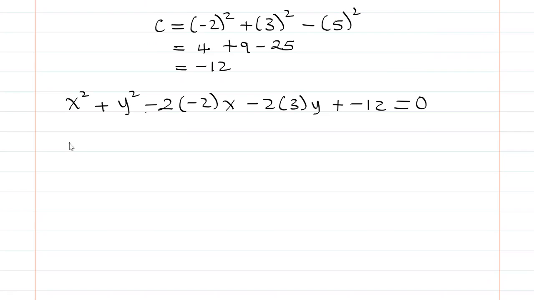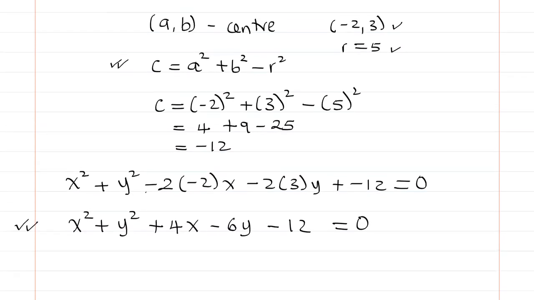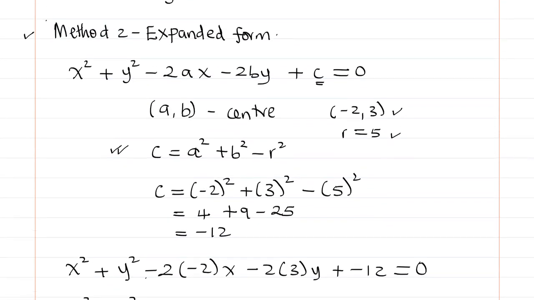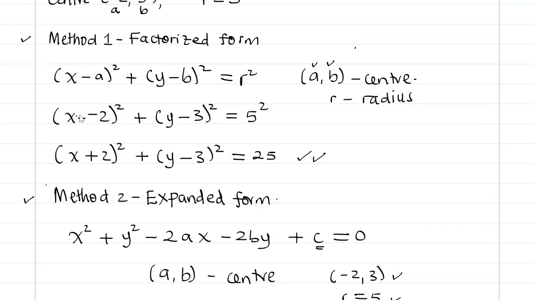Then from here we shall have x² + y². -2 times -2, we shall get positive 4x, minus 2 times 3, 6y, minus 12 equals 0. So this is the equation of this circle in the expanded form. The question was not specific, so either way you get the same answer.